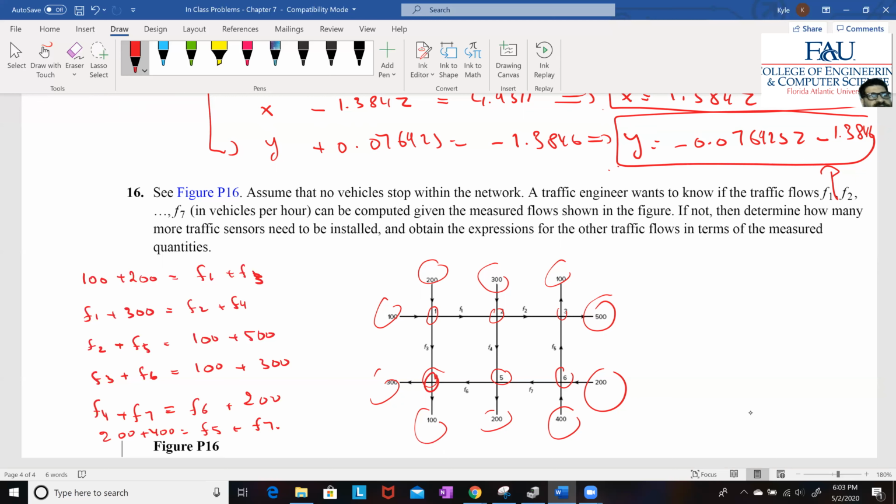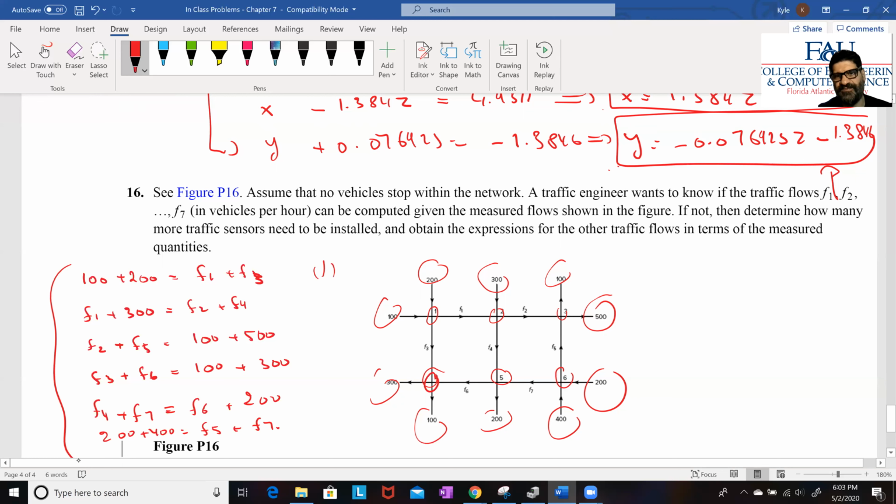Okay, so if you think about this, we can rearrange these because we're trying to solve. We keep the constants on the right and move the variables to the left. For the first equation, it becomes F1 plus F3 is equal to 300.